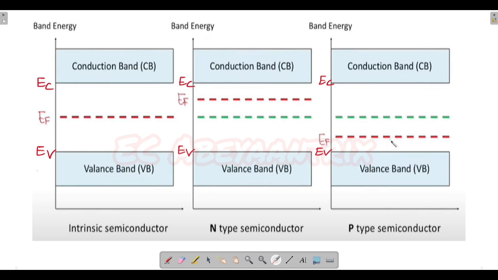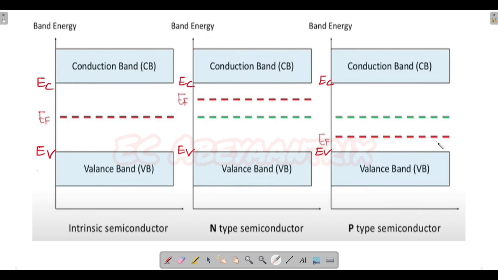In the same way, yesterday we saw the acceptor energy level in a P-type semiconductor. We can compare yesterday's video and today's video; it is the same set of understanding. You got the point, right? That is the donor energy level; here is the Fermi energy level at the same location, but just below the donor energy level. In a P-type semiconductor there will be an acceptor energy level here, and just above it we can see the Fermi energy level.